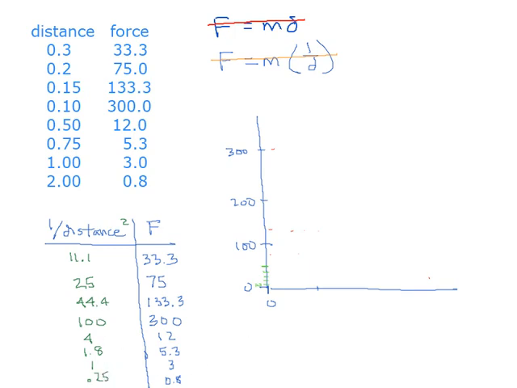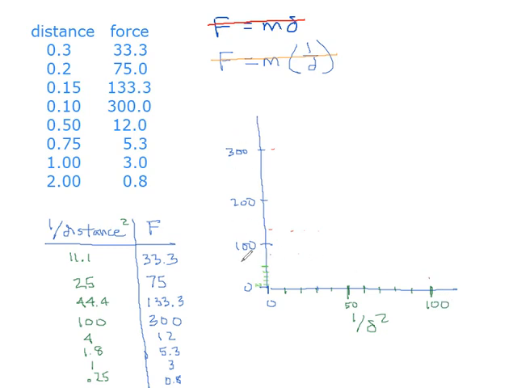Okay, back to the graphing pits. Let's see if we have any luck with this. Our 1 over distance squareds top out at like 100. So let's see, 10, 20, 30, 40, 50, 60, 70, 80, 90, 100.